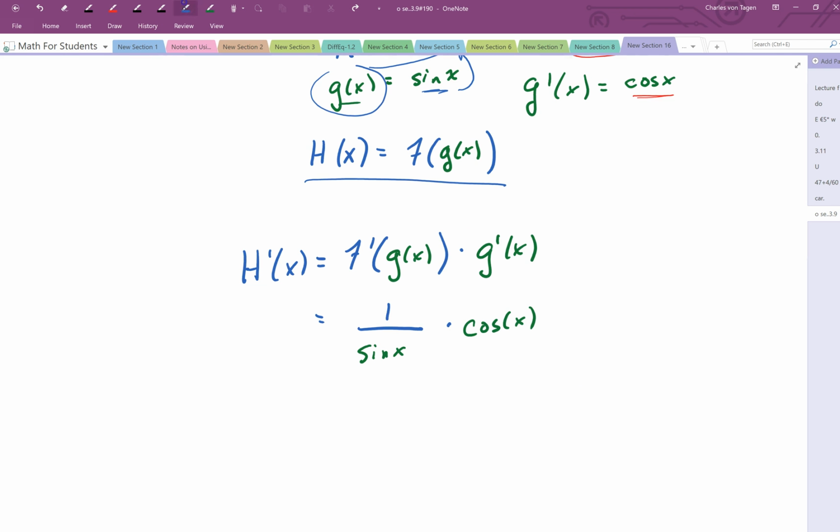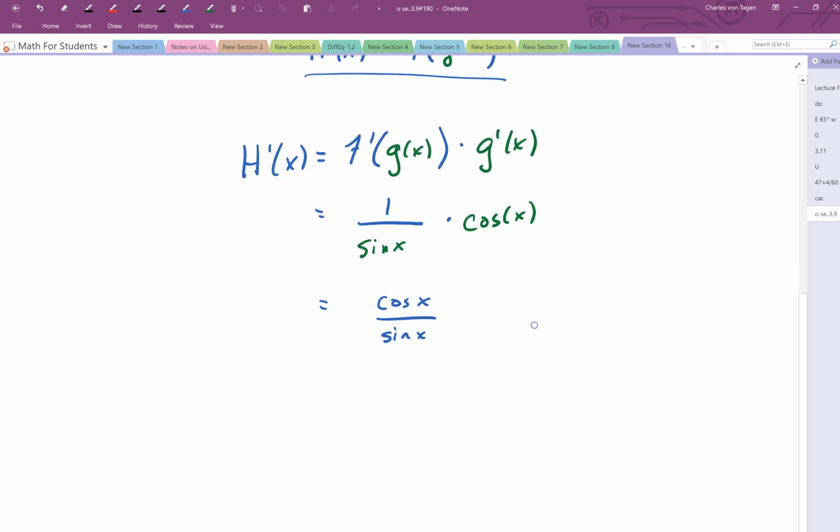Now let's just go ahead and clean up the example. This gives us the cosine of x all over the sine of x. I don't really have a problem leaving it there, but it can be simplified by noting that the cotangent of x is 1 over the tangent of x, and the tangent of x is the sine of x divided by the cosine of x.